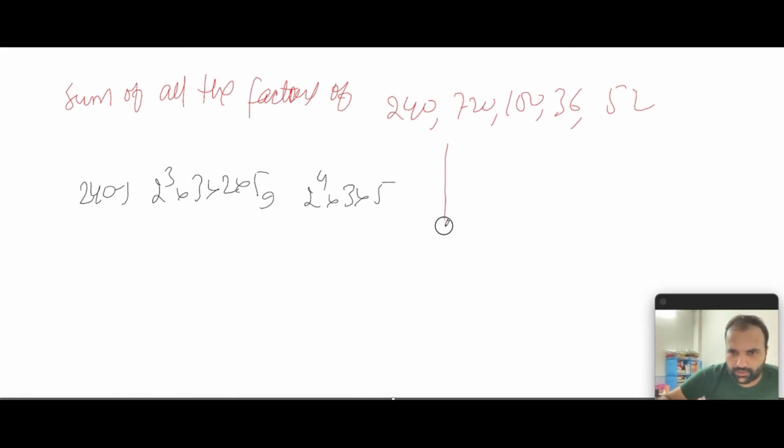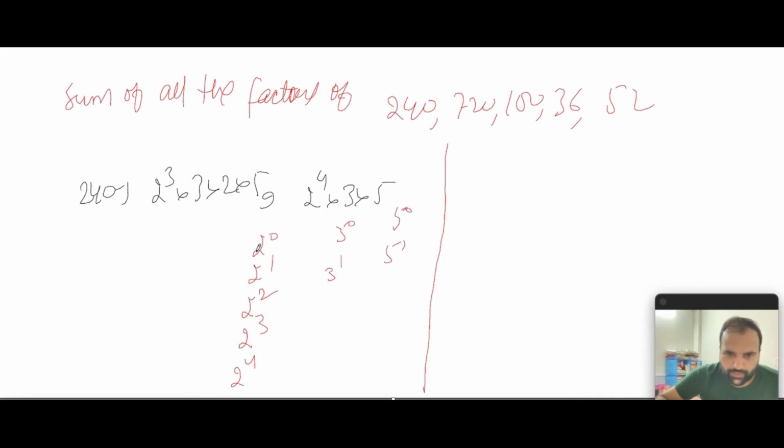So there are two ways to find the sum over here. One way, we know 2^4 has 2^0, 2^1, 2^2, 2^3 and 2^4. 3 is 3^0 and 3^1, and 5 is 5^0 and 5^1. So now we add it up.